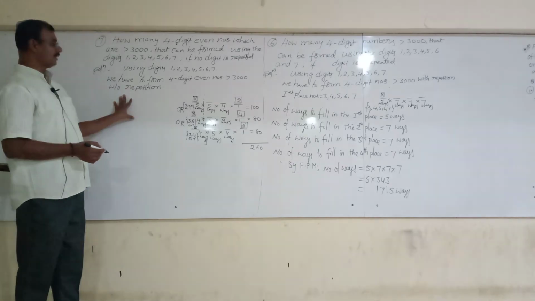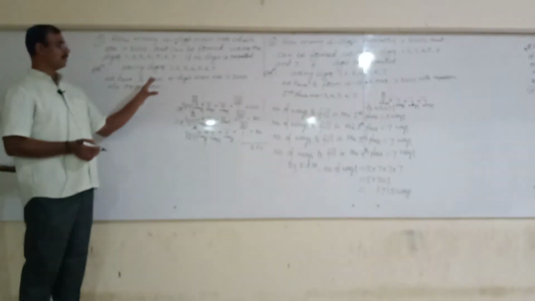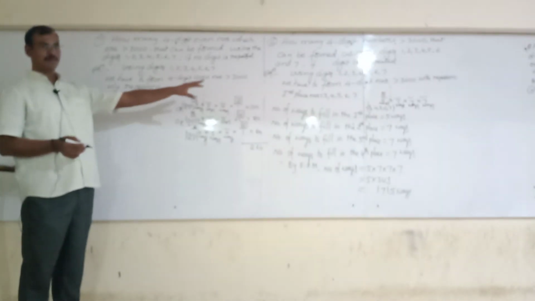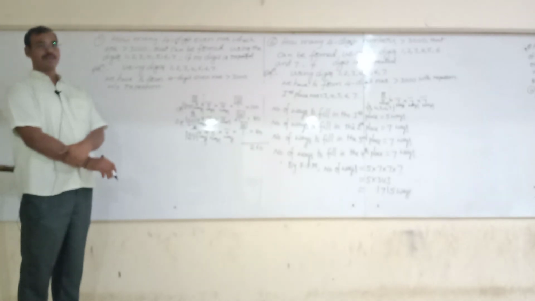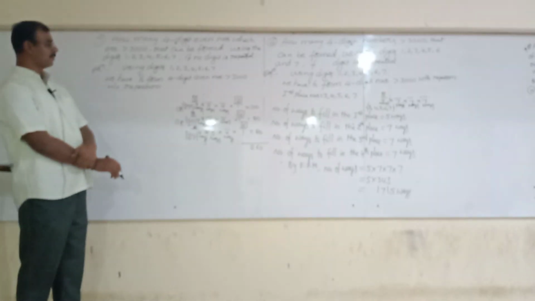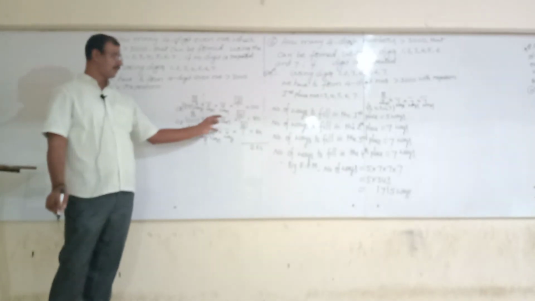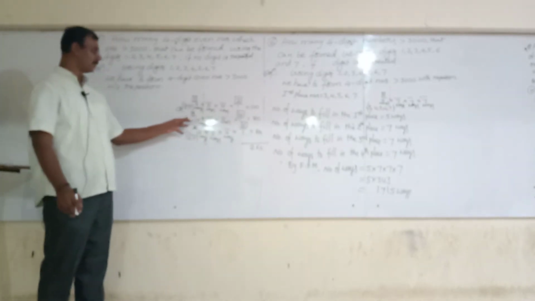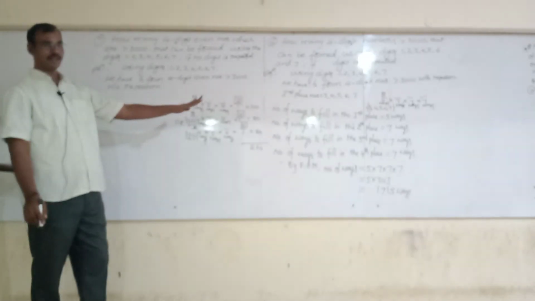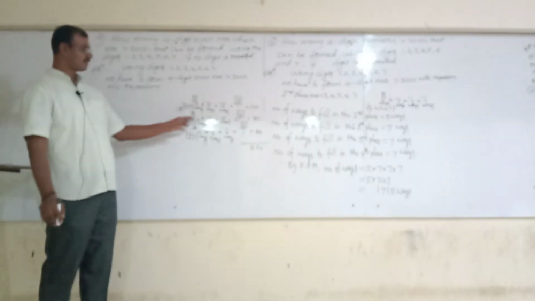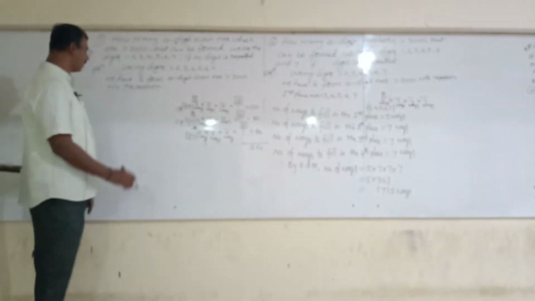So in the long way, how to write it? The number of ways to fill 2 in the unit place is equal to 100. The number of ways to fill 4 in the unit place is equal to 80. The number of ways to fill 6 in the unit place is equal to 80.